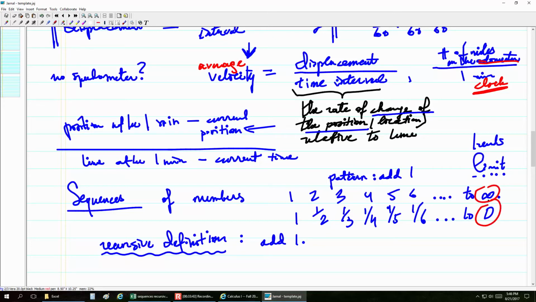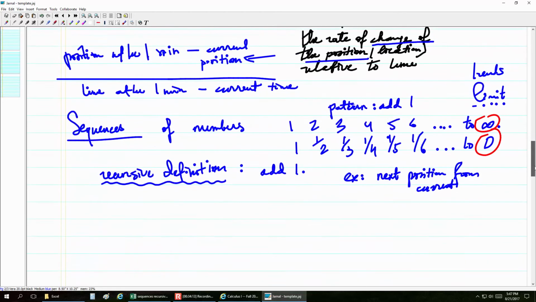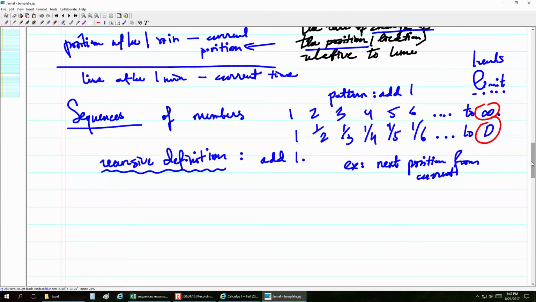We're going to be studying them, but before we actually get to that, we'll talk about sequences in general. And recursive sequences are the most typical. So once again, one example is the next position from the current position. Another example is similar, except we're measured not in, say, miles, but in, say, dollars.